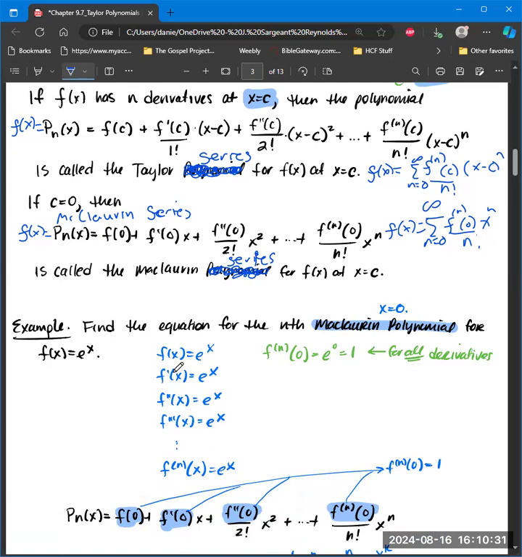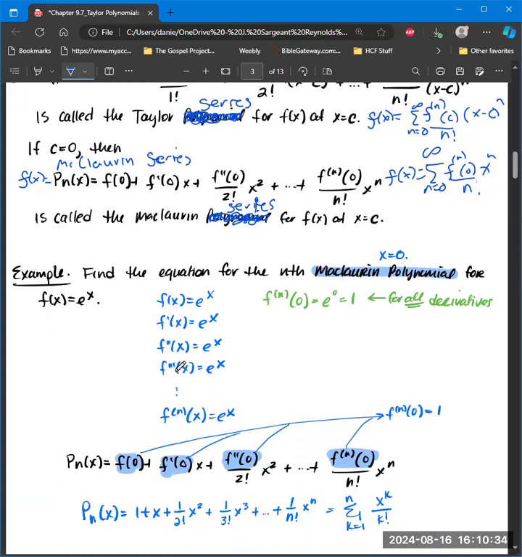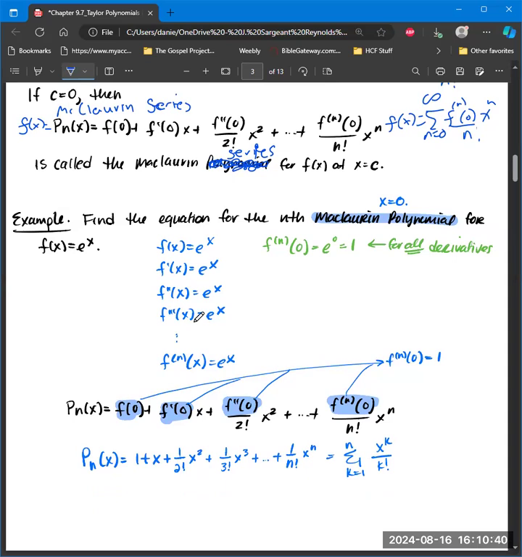Usually. Find the equation for the nth Maclaurin polynomial, or the Maclaurin series, for f of x equals e to the x. So all the derivatives up to f of n is e to the x. And all of them, when I evaluate at 0 here, f of 0 is 1, f prime of 0 is 1, f double prime of 0 is 1, f triple prime of 0 is 1, dot, dot, dot, f n of 0 is 1, always, all the time.